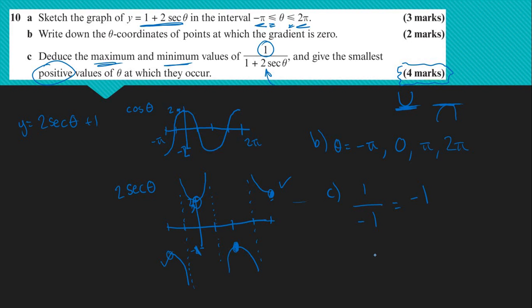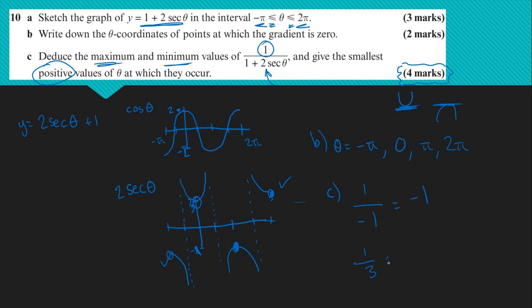That there is actually the original graph, and we've got this new version. We've got 1 over, this is our turning point here, which is negative 1. I'm going to try the same on the other one, which is 1 over 3, which is that one there.